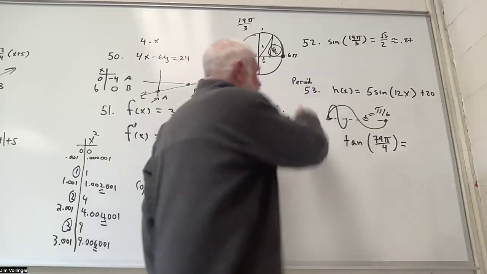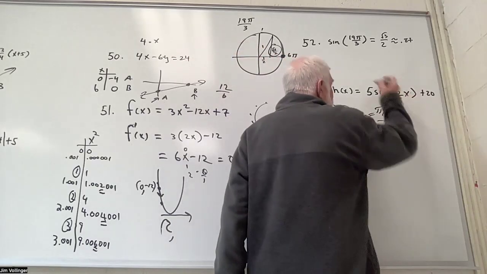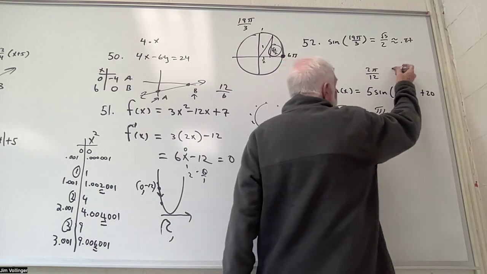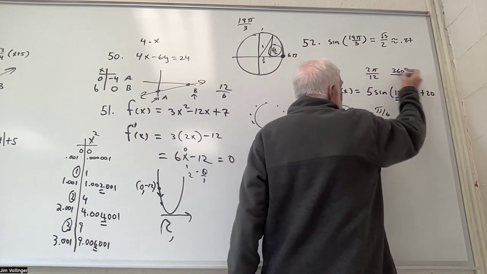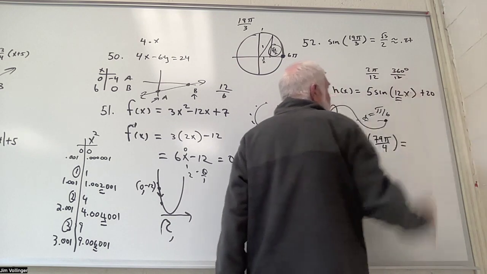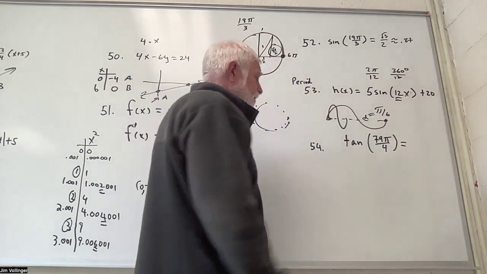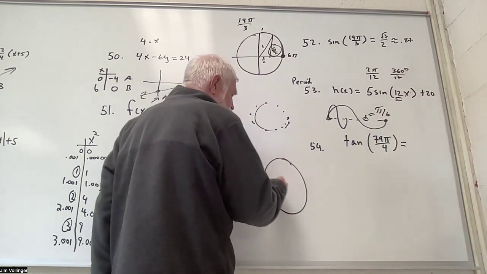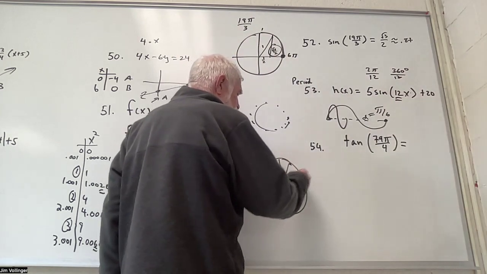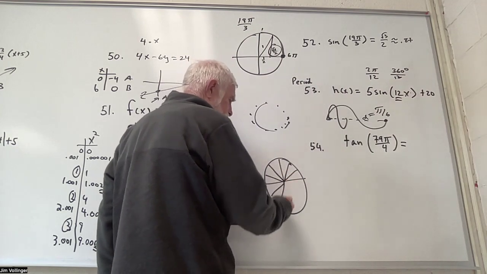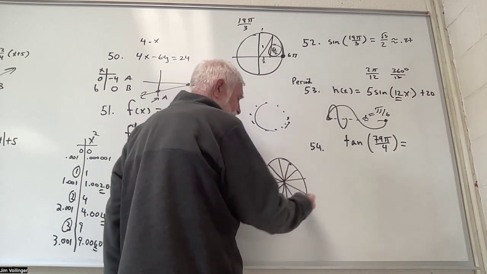All right, so to get the period, all you have to do is take the multiplier and divide it into 2 pi, or if you prefer 360, divide by 12. That's 30 degrees. And if I have 30 degrees, then we've been drawing the circle. 30 degrees is chunks of 6, right? Well, how many chunks do you see? I see 12.